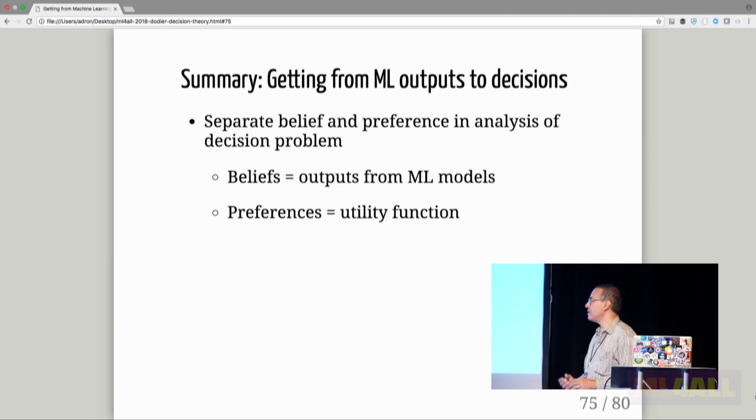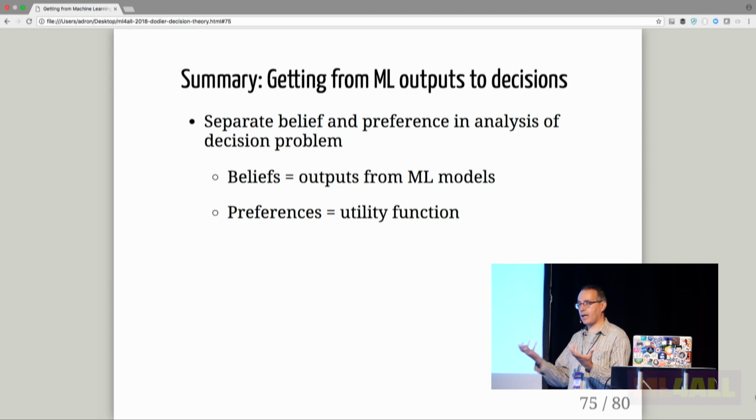So just to summarize, in order to get from our machine learning outputs to a decision, we're going to separate the different aspects of the problem. We're going to consider separately the beliefs, which are a statement of our rational assessment or rational degree of belief of the different outcomes that are possible.